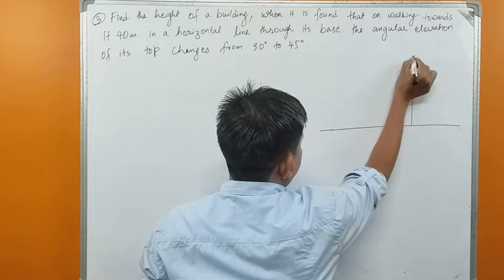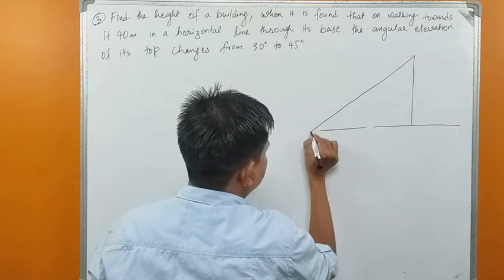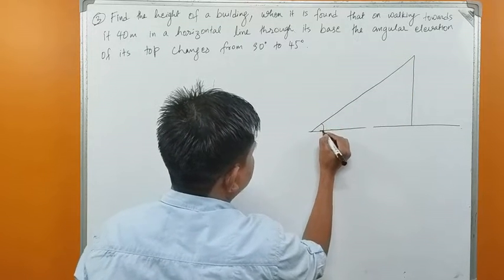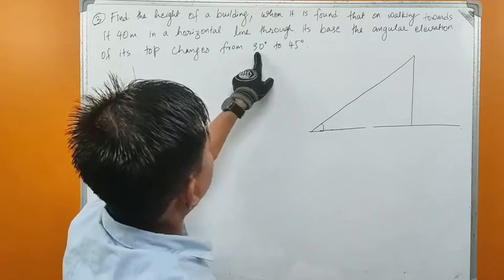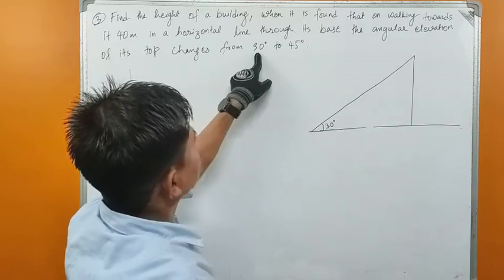When observed from a certain point here, let us say this point, the angle of elevation was 30 degree.